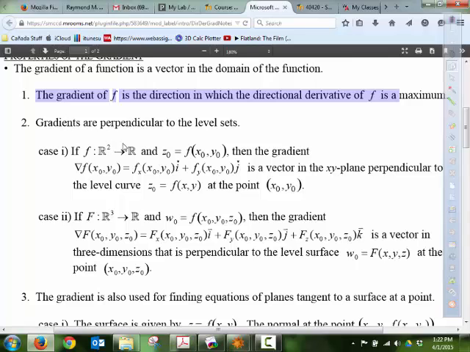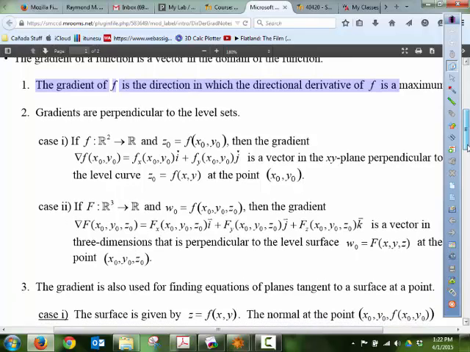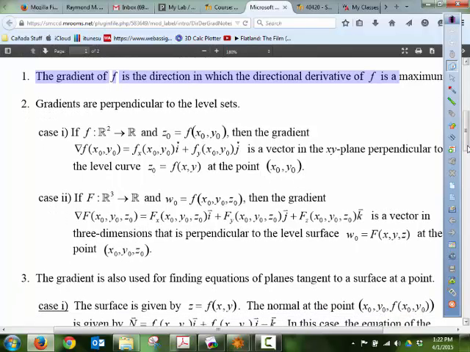So I mentioned the gradients are perpendicular to a level curve, and so we've had a lot of discussion about tangent planes, because the vector perpendicular to the tangent plane would be perpendicular to a level curve.